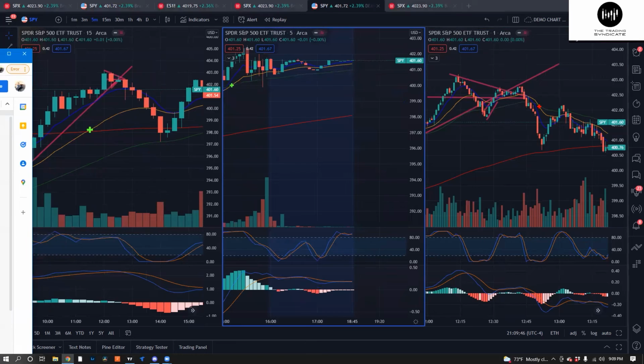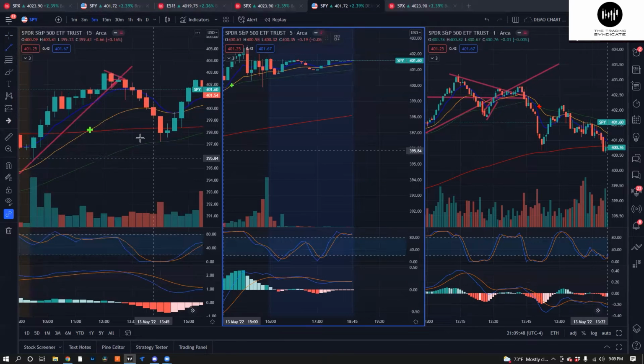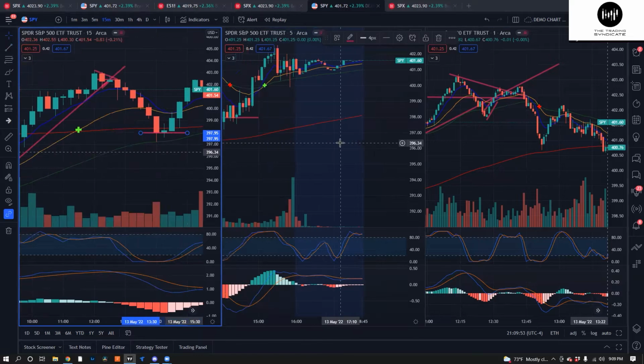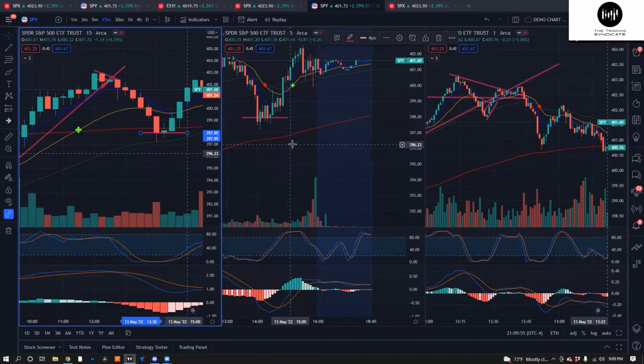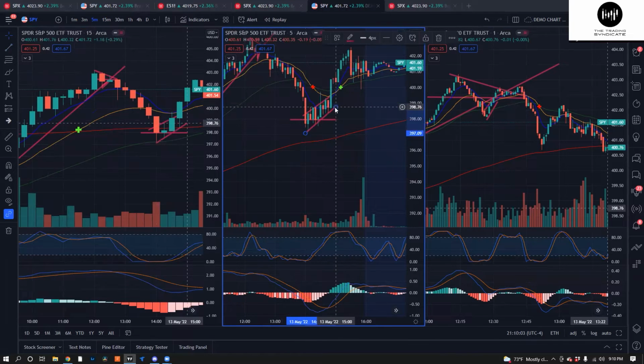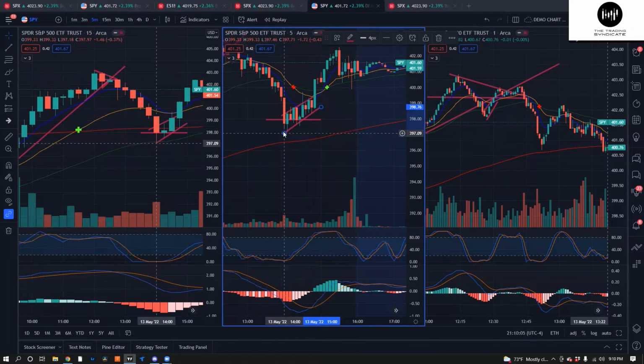So this is where you would see the double bottom. And it begins to break its flag with the loss of the EMA.